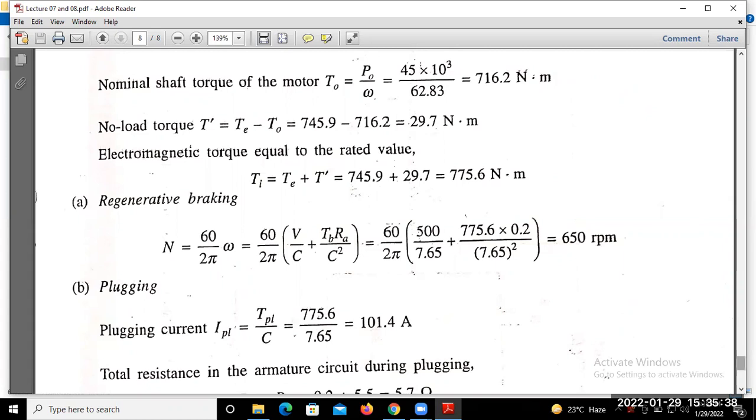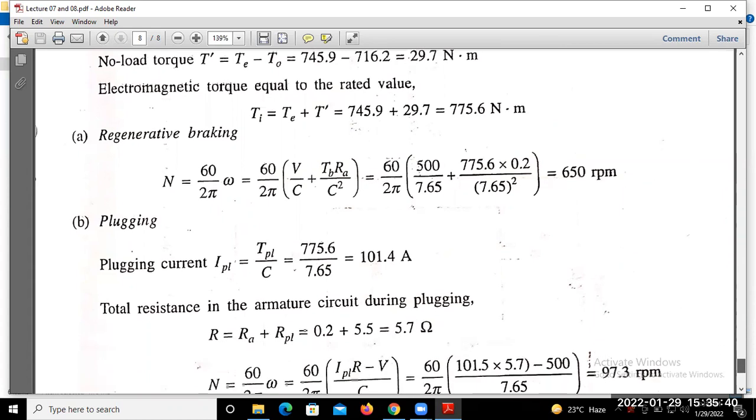So plugging braking current we find out here, that means plugging current is 775.6 divided by EMF constant C equal to 7.65. If you solve this equation, you will get almost a plugging current of 101.4 ampere. And just total resistance in the case of plugging, that means external resistance.